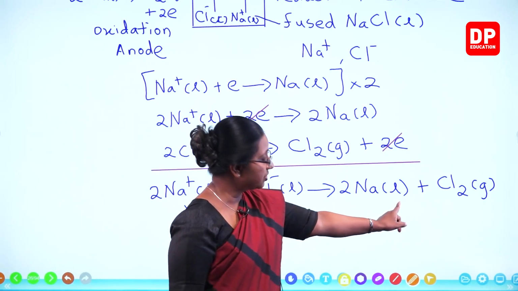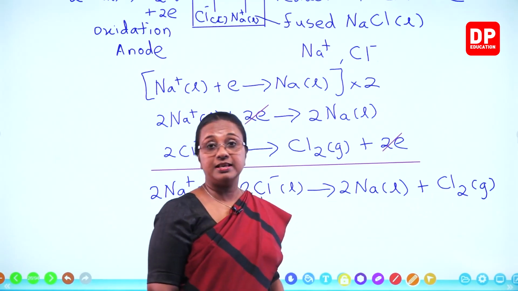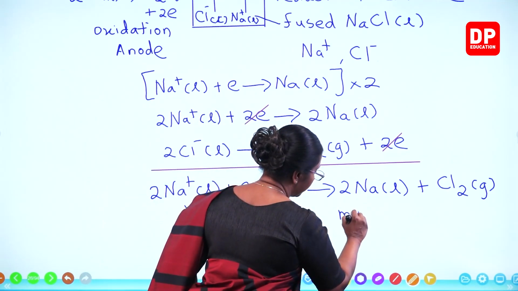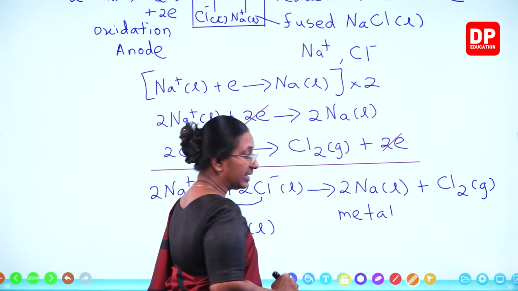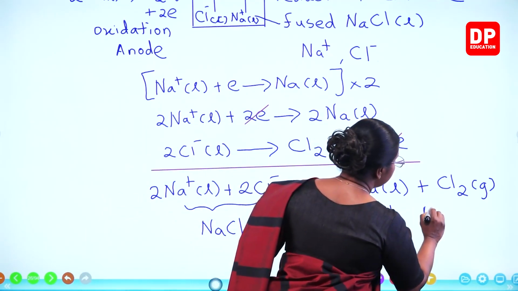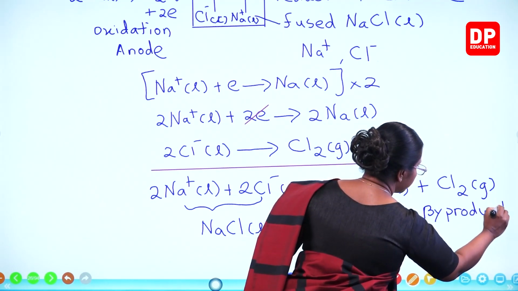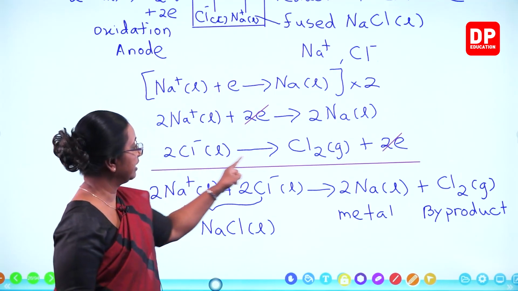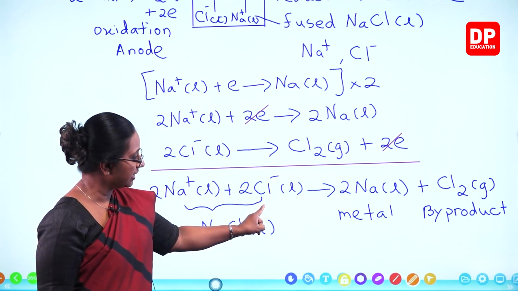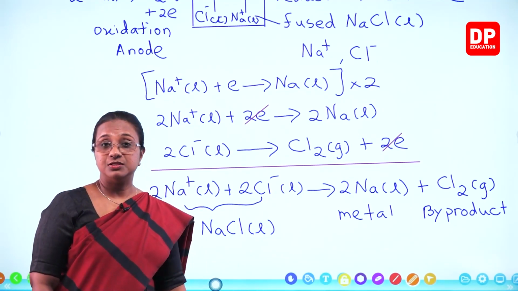From that, we get sodium liquid, that is the sodium metal, and chlorine gas as the byproduct. So this is the metal that we wanted to extract: sodium metal in the form of a liquid, and chlorine gas is a byproduct. So this is the equation that we need to write: 2Na+ (liquid) plus 2Cl- (liquid) giving rise to 2Na (liquid) and Cl2 gas.